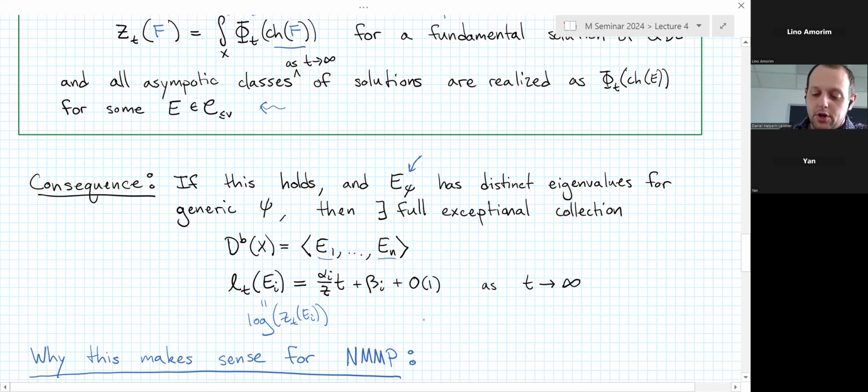In other words, the central charge looks like e to the alpha I, a constant.